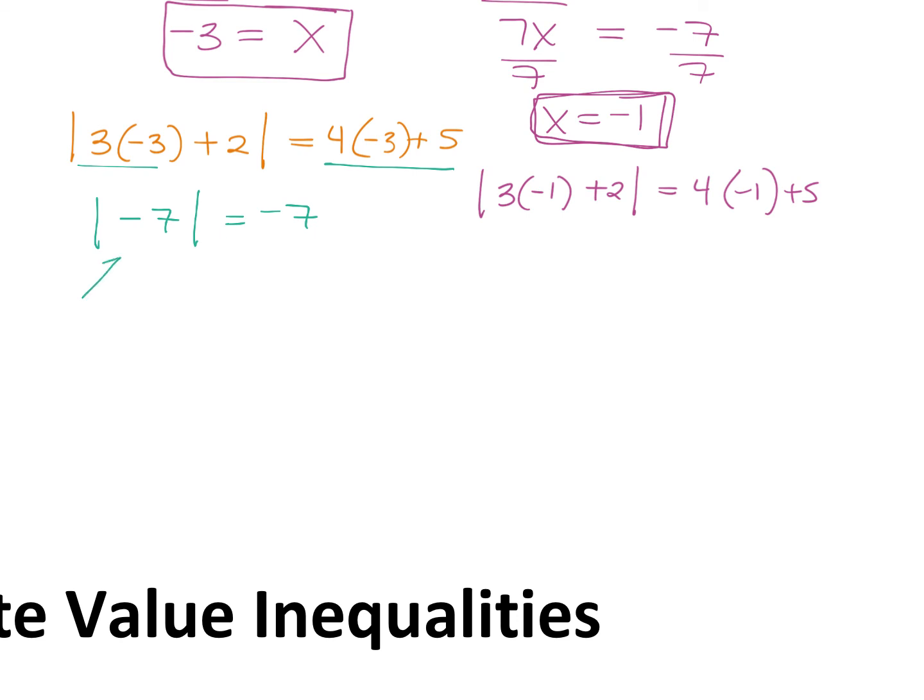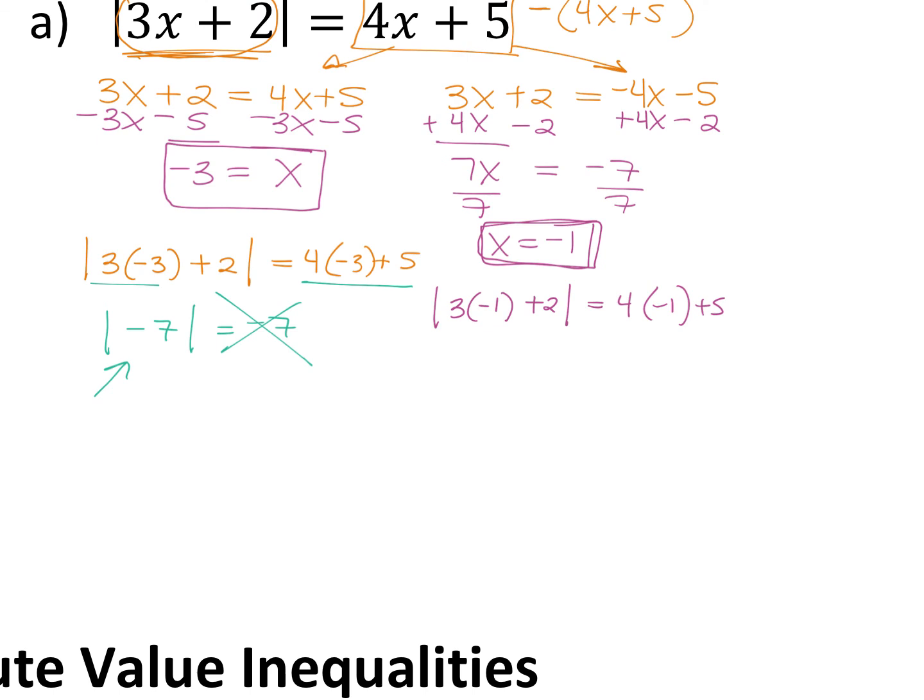Does the absolute value of negative 7 equal negative 7? No, right? Absolute value cannot equal a negative. So we say this is extraneous. Okay, so I want to see that answer from you, but I also want to see that you realized it was extraneous.